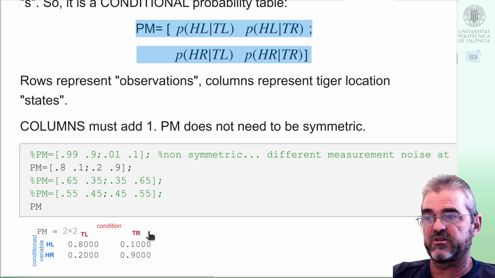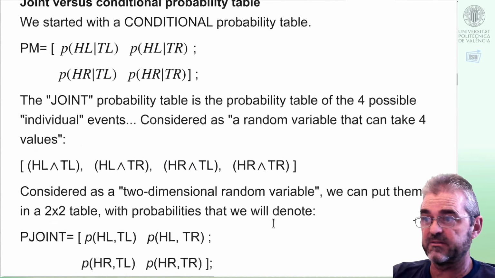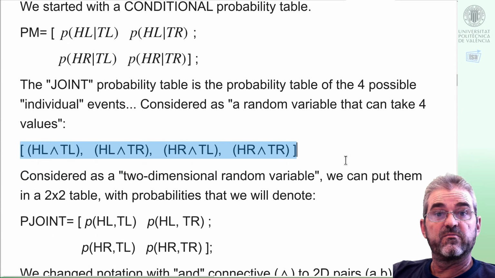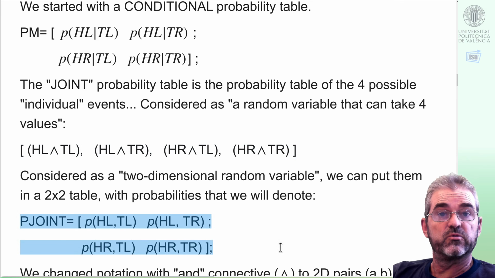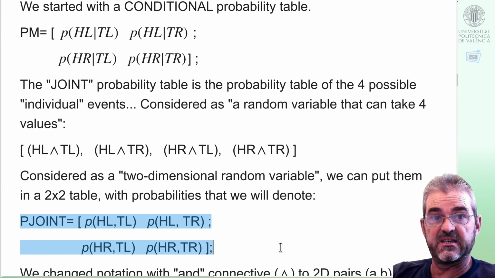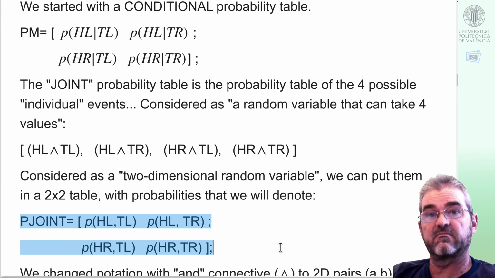And in order to build that joint probability, we consider 4 atomic events, the 4 combinations of tiger left-right, hearing roaring left-right. We actually wished to arrange them in a 2x2 matrix, so we keep the structure of 2 interacting random variables.